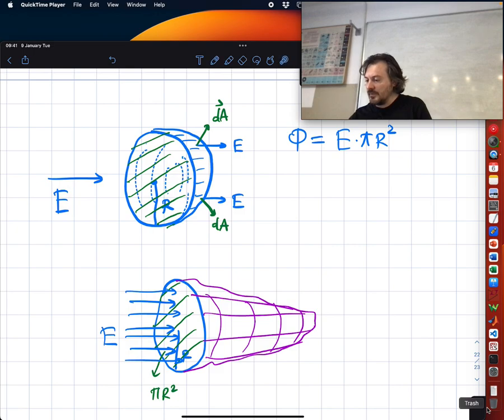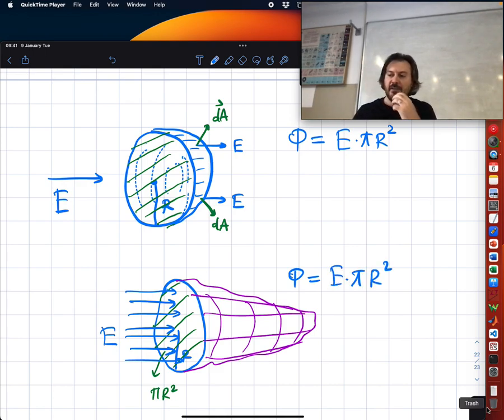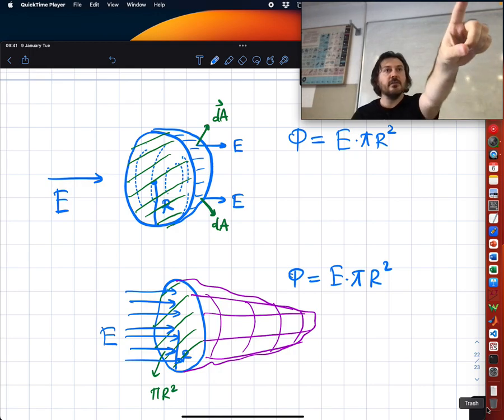If this surface catches 7 perpendicularly coming electric field lines, then this surface will also catch 7. So it's the same amount. So the flux over here is pi r squared. Of course, you are going to ask me why we are bothering ourselves with this, because it will appear in Gauss's law and it will make our life quite easy.